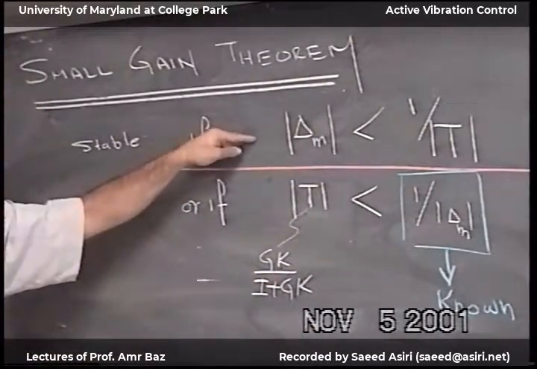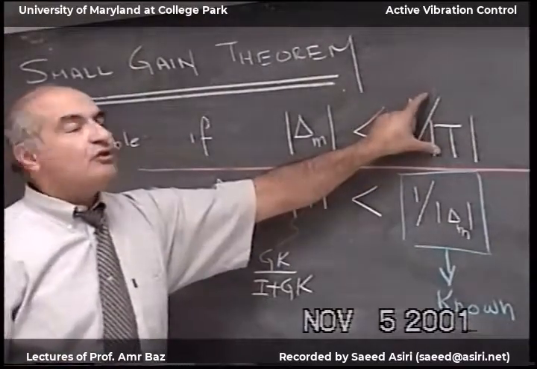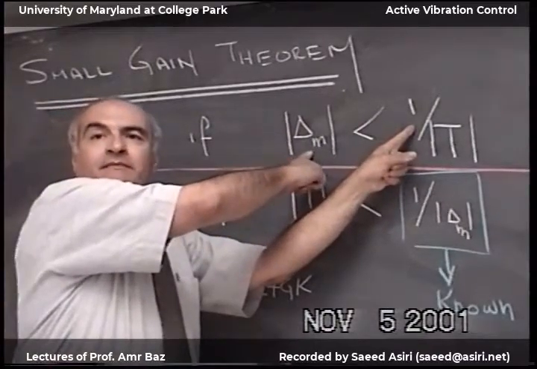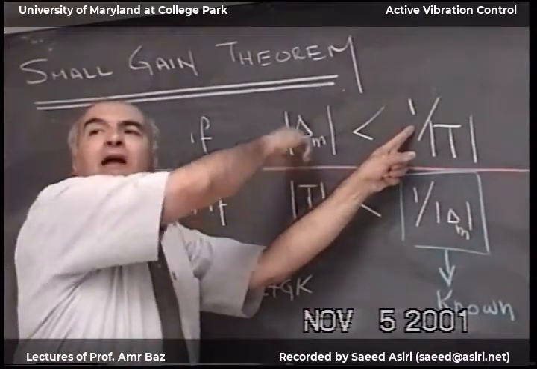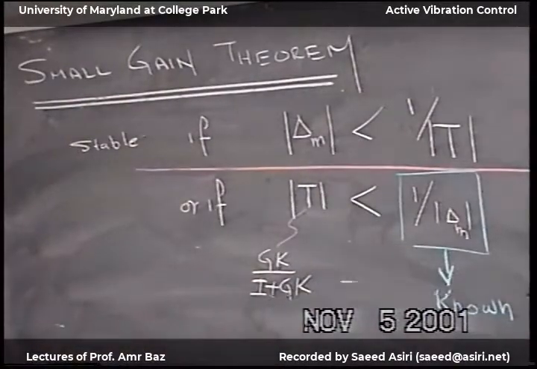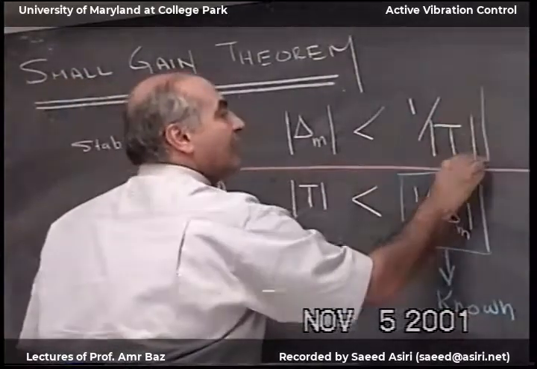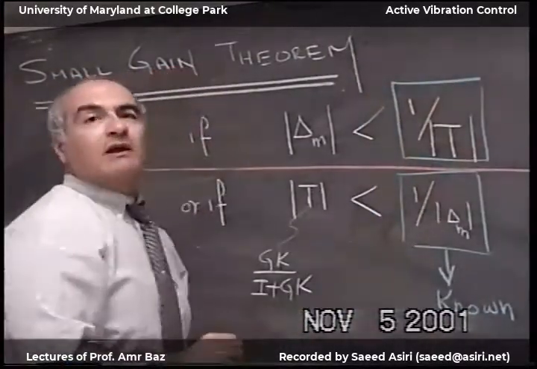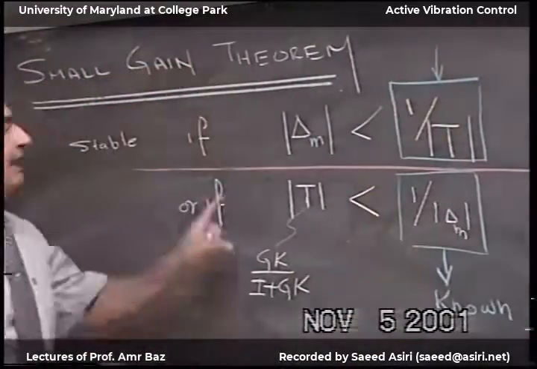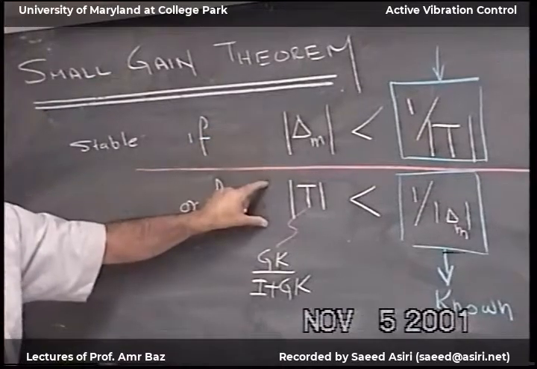The second, for a given gain and a given system, if everything is known here, then this is the upper bound of the uncertainty, beyond which the system will become unstable. So on the right-hand side of the inequality, this is all known. And here we set limits on the parameter uncertainty or the controller gain.